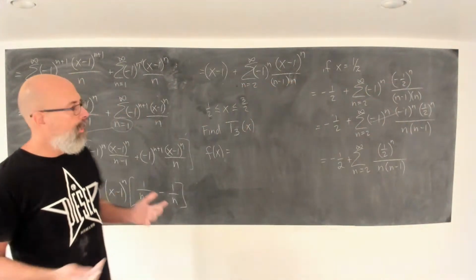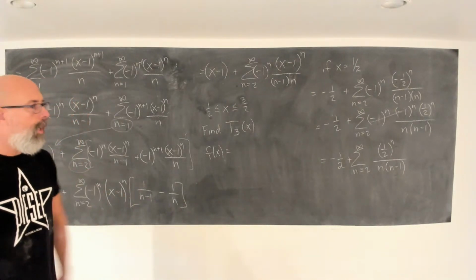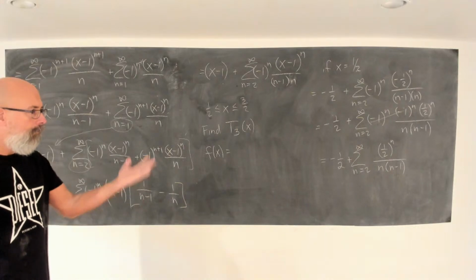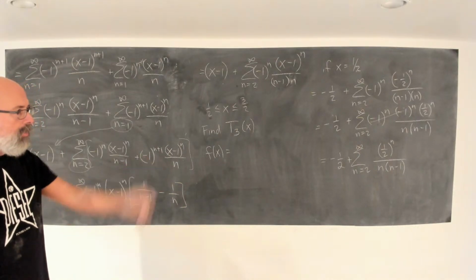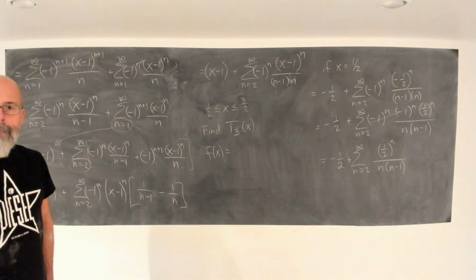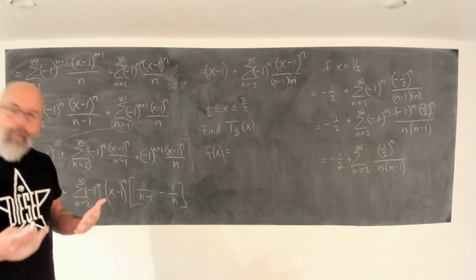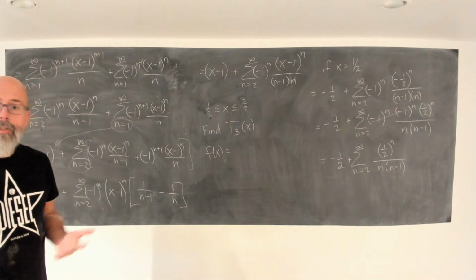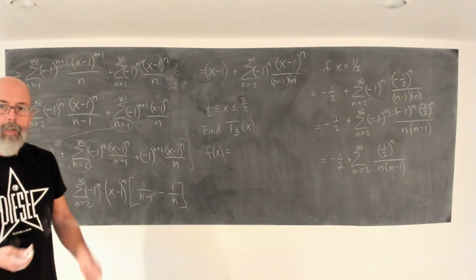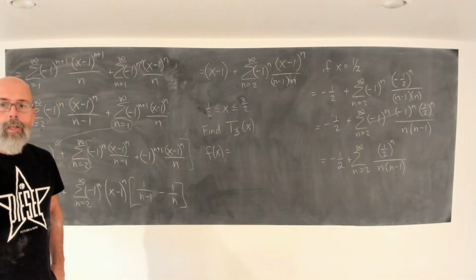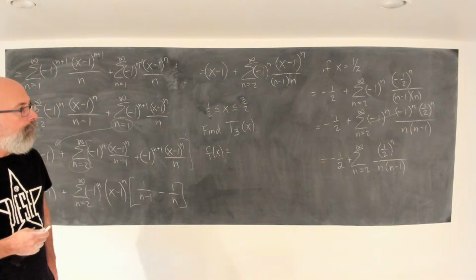It's not alternating, so you cannot apply that alternating series test business that we were doing. Exactly. I mean, there are other techniques that you could use to approximate, but the easy way is the alternating series test.